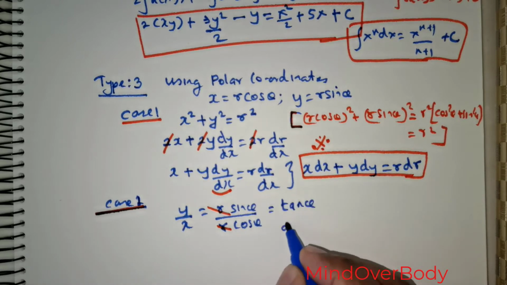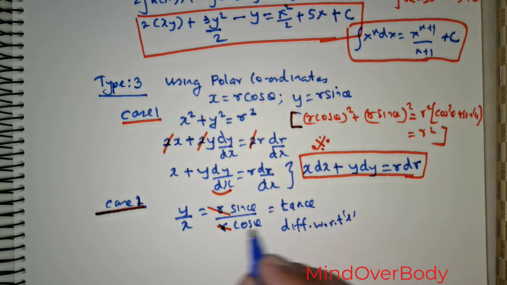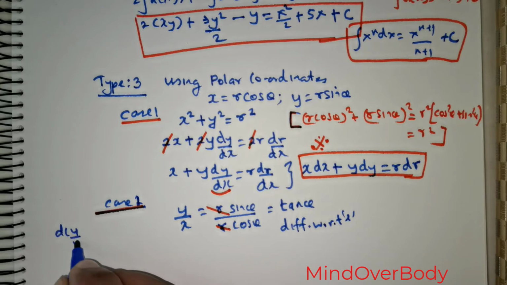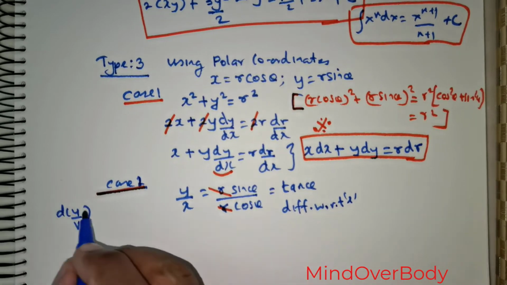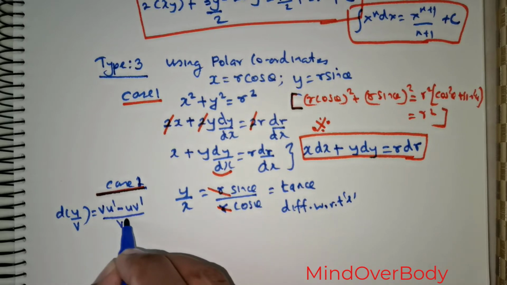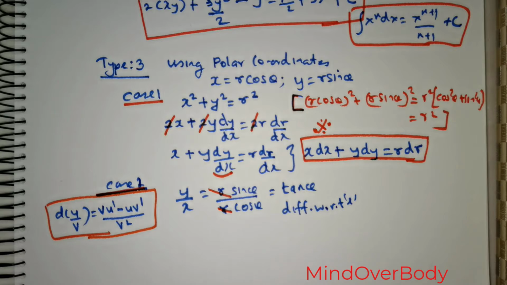Now if I were to differentiate both sides with respect to x, then I would get u over v form, right? So d of u over v is equal to v times u dash minus u times v dash divided by v squared. So this is just the formula that we have studied.